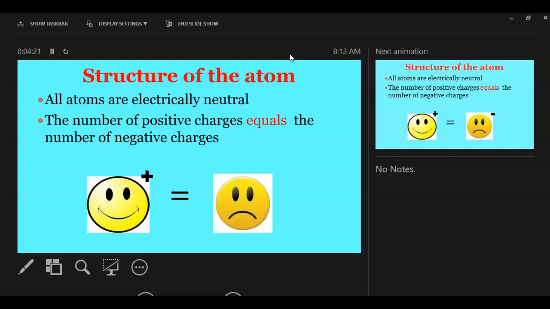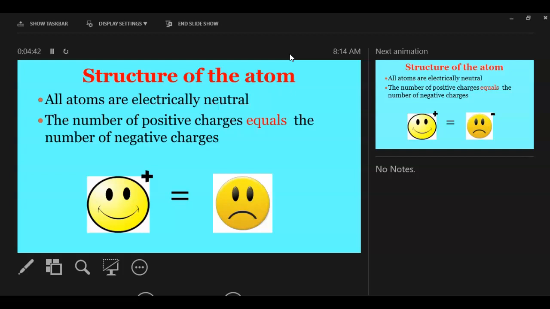Okay. We're going to move over to the nucleus. So, what are the two subatomic particles found inside of the nucleus? What are the two particles found inside of the nucleus? Protons and neutrons.